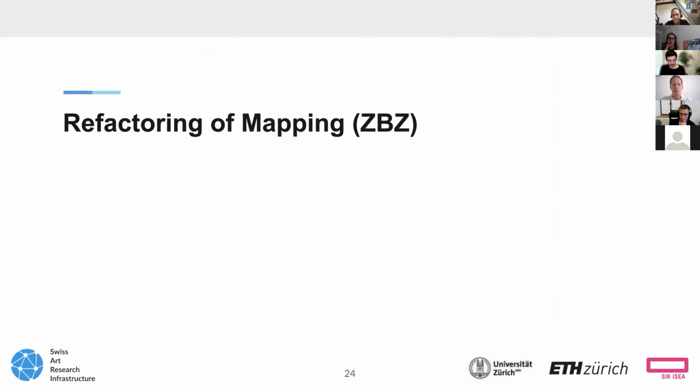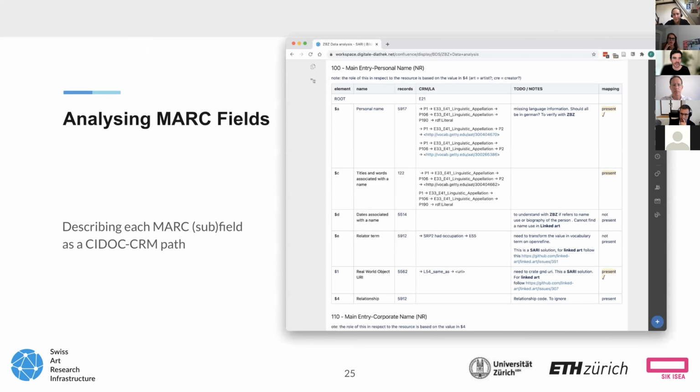We also worked on the conversion mapping of the Zentralbibliothek data. And the Zentralbibliothek uses MARC 21. And what we did is we went through each subfield in MARC 21 and translated it into a mapping to CIDOC CRM.